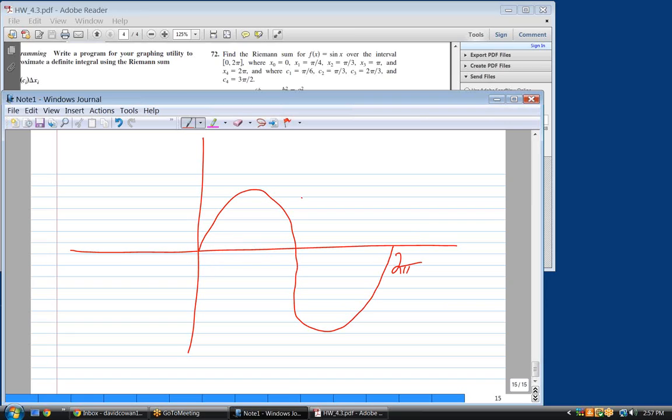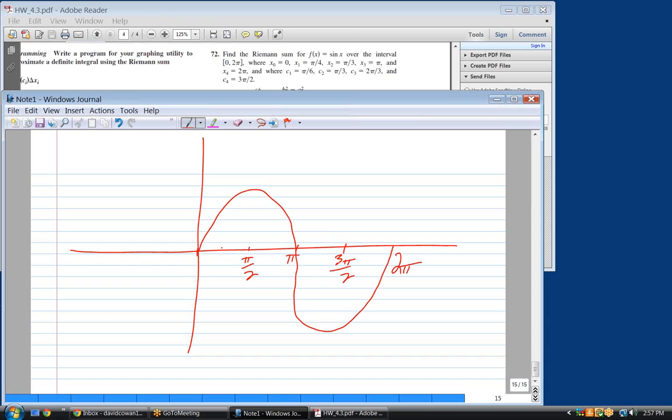X sub 0, okay, the Riemann sum is the sum of the... Okay, so the points I'm going to mark off here: this is pi, this is pi over 2, this is 3 pi over 2.